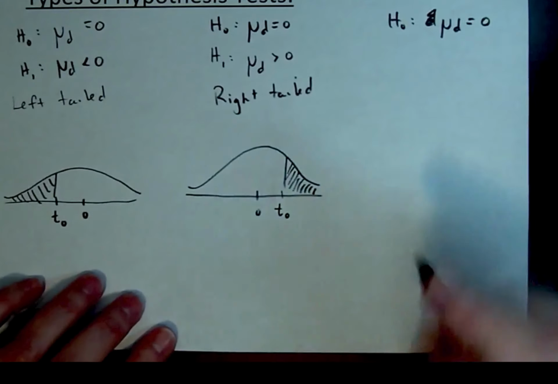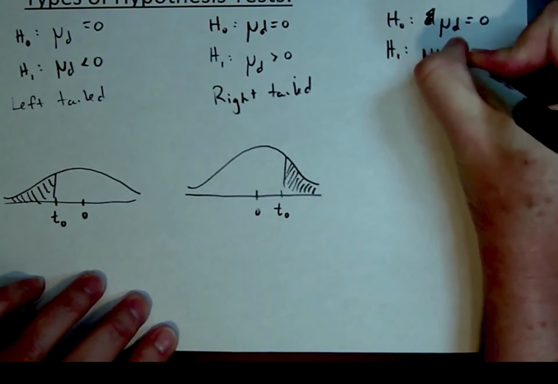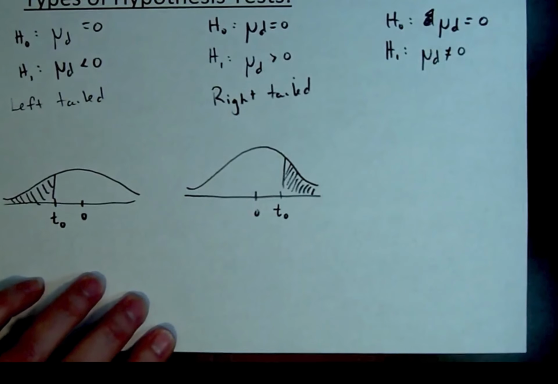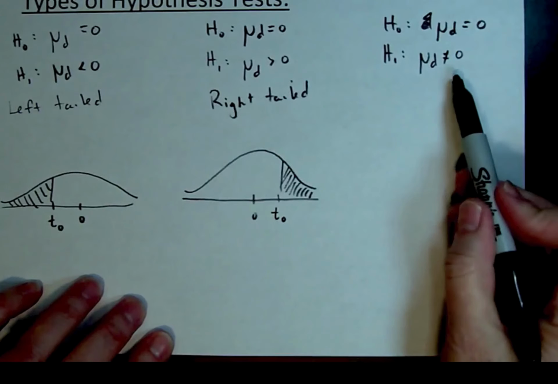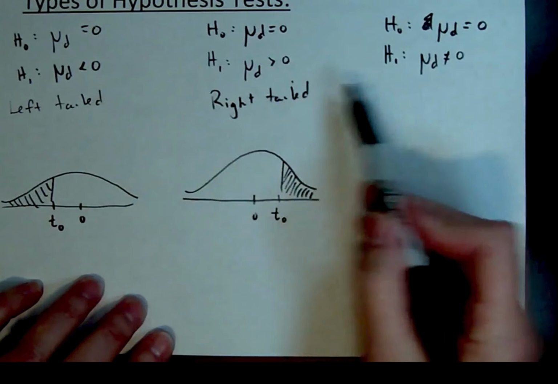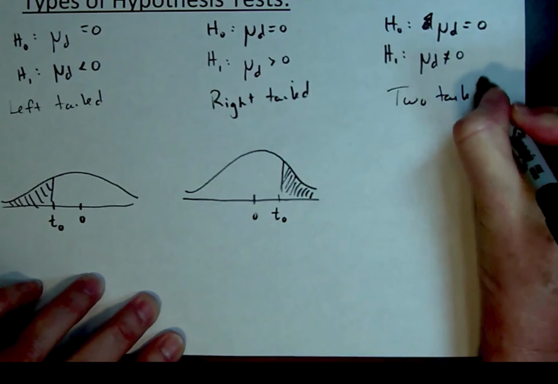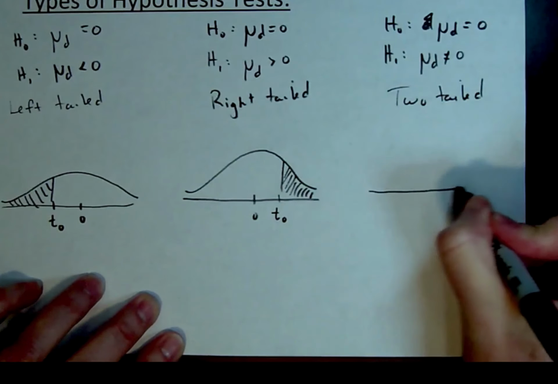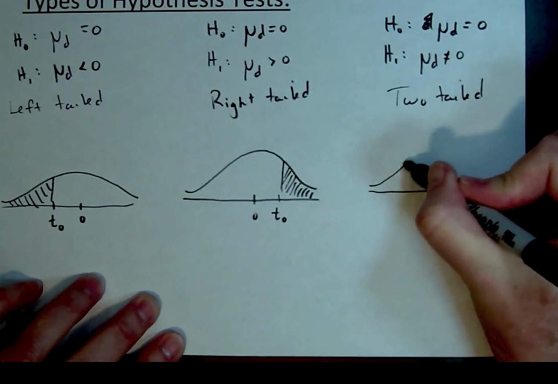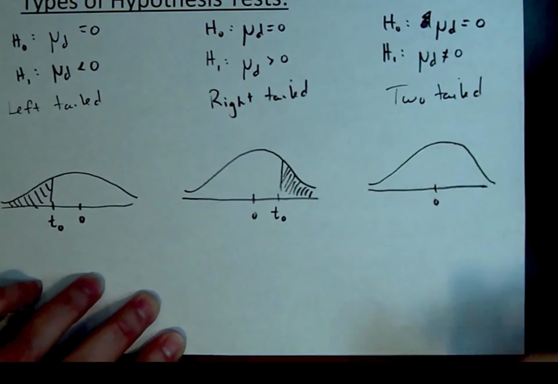And then the last possibility is that our alternate hypothesis is that the difference between the populations is not equal to 0, but we're not specifying greater than or less than. This is a two-tailed test, and this is the one that's the most complicated or confusing, whatever you want to call it.